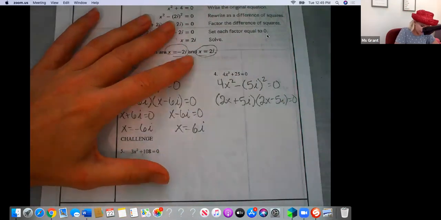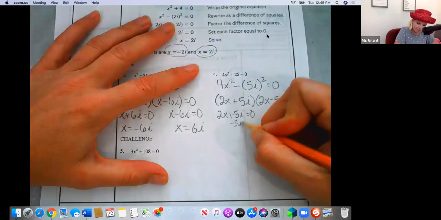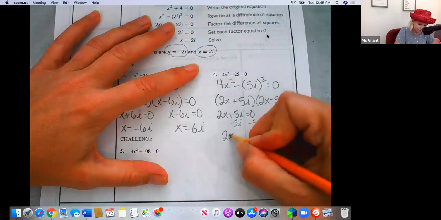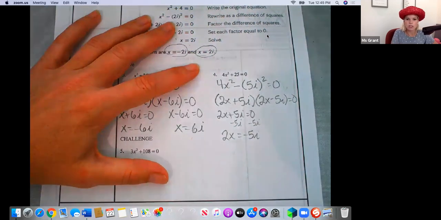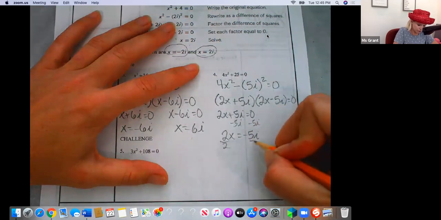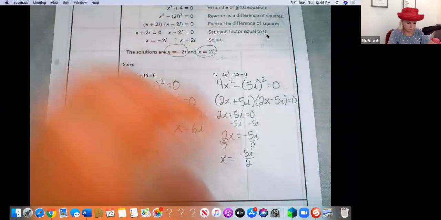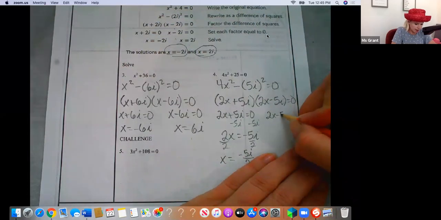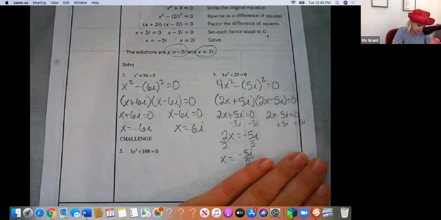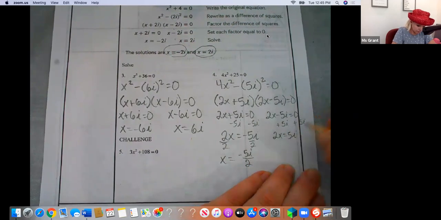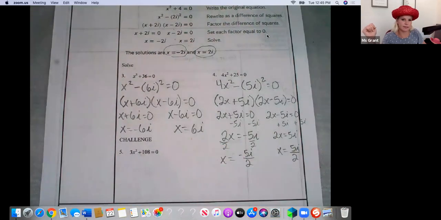And then I solve each one for 0. 2x plus 5i equals 0, so 2x equals negative 5i. I'm solving for x. Divide by 2. For 2x minus 5i equals 0, add 5i to both sides. So x is positive 5i divided by 2, and negative 5i divided by 2.